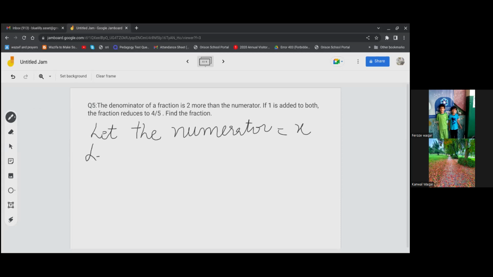Let the denominator be, because the denominator of a fraction is 2 more than the numerator, x plus 2.